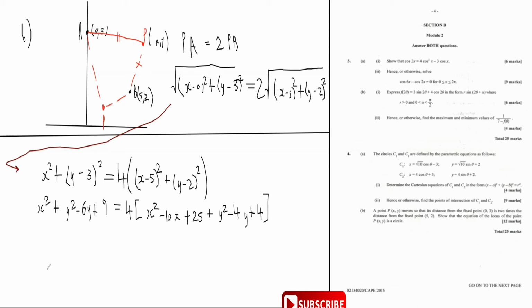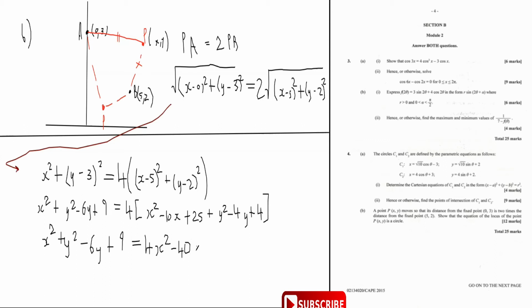Now, just to clean this up a little bit more, what we're getting then is x squared plus y squared minus 6y plus 9, that is equal to 4 times x squared is 4x squared. Then 4 times minus 10x is minus 40x.